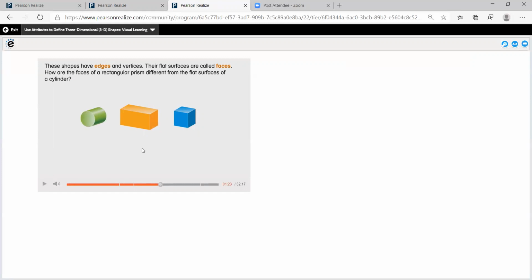So if you think about your shapes here, this flat surface for the rectangular prism and the flat surface of the cube here, and then we have a flat surface of the cylinder. If we think about the faces of the rectangular prism and we think about the face of the cylinder, how are they different? Remember, a face is the flat surface. How are they different?